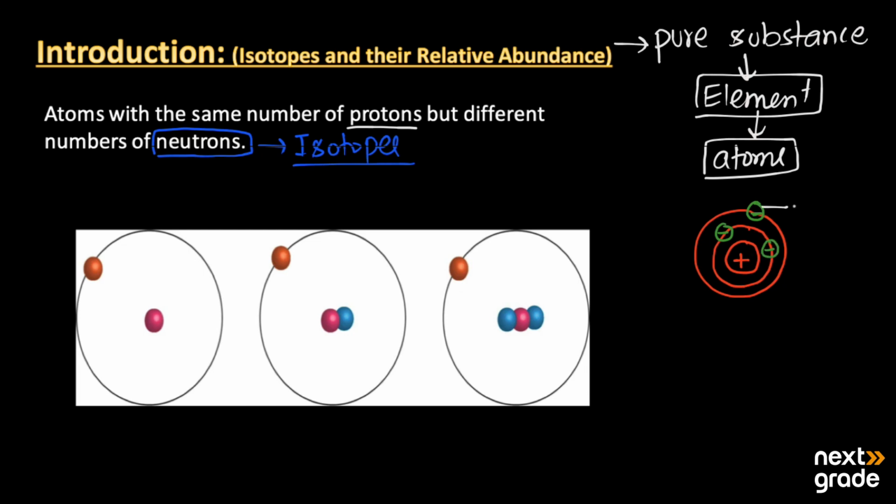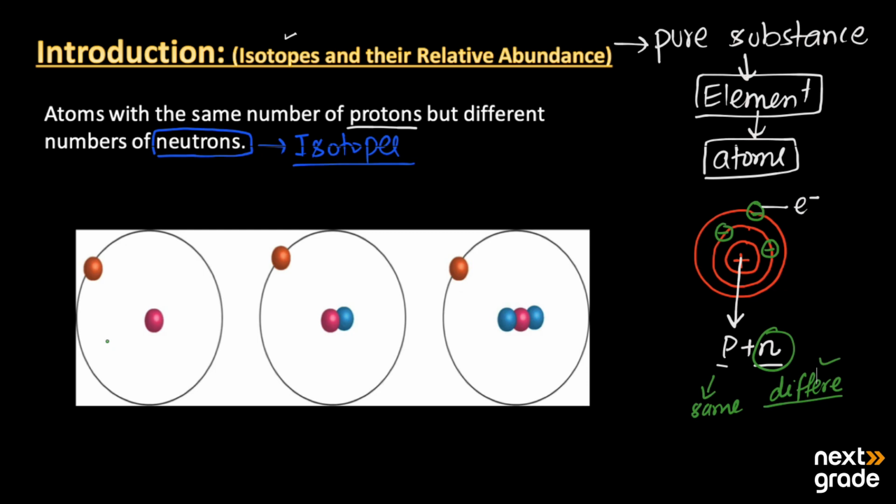The central part contains protons plus neutrons. The isotopes are formed on the basis of the number of protons and neutrons. Here we have atoms whose proton number is the same but they differ in the number of neutrons. On this basis, the isotopes have been discovered.